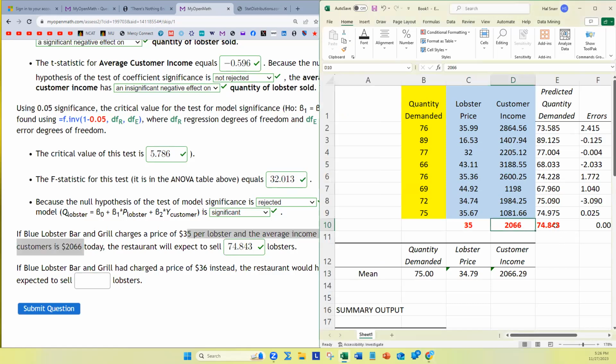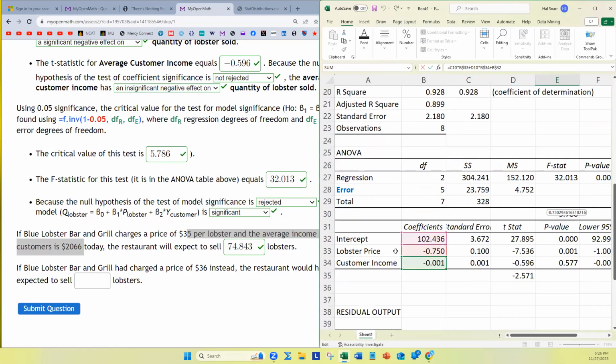Now I want to calculate the predicted quantity demanded. So what I have to do is multiply this 35, in my case C10, which is this blue box around 35, by B33. B33 is my lobster price coefficient. See that?